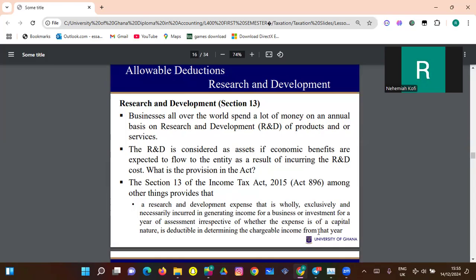So meaning that any research and development that you make for the particular business, right? Whether it's of a capital nature, whether it's a long-term research or a short-term research and development, right? It's allowable for deduction. That's what it means here.